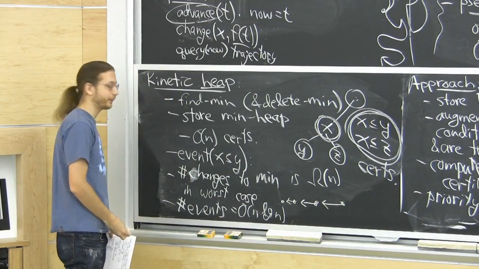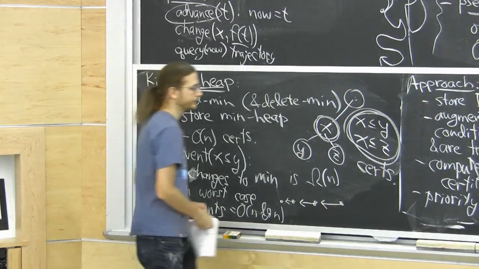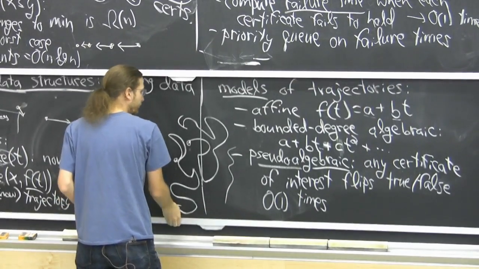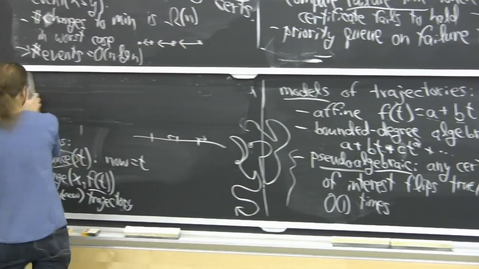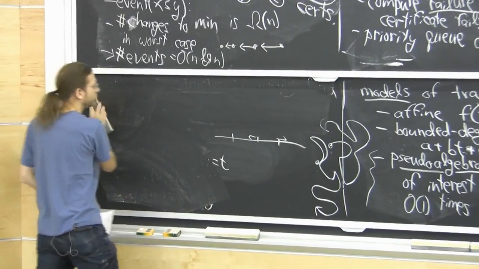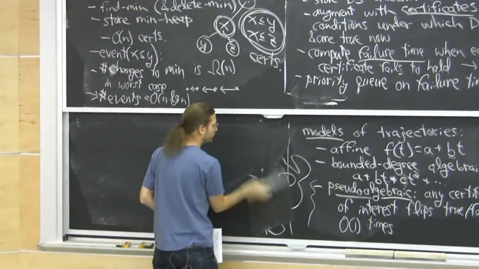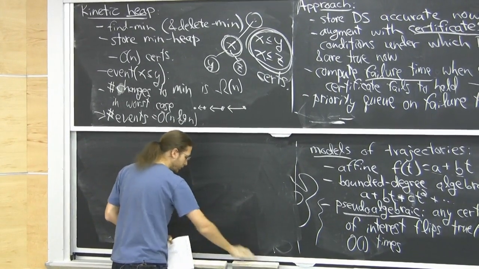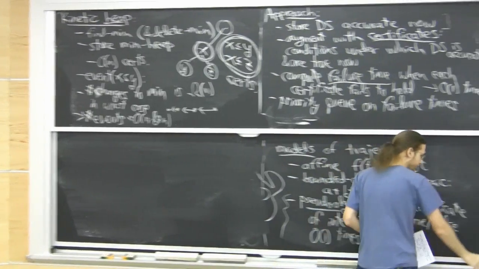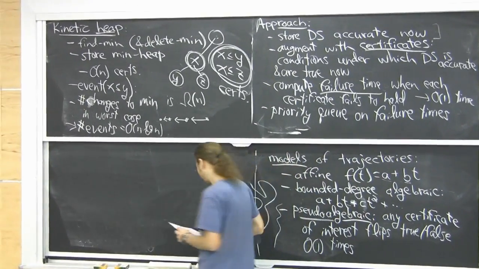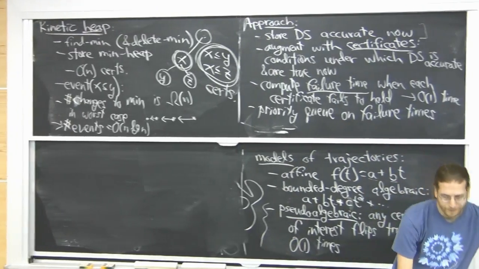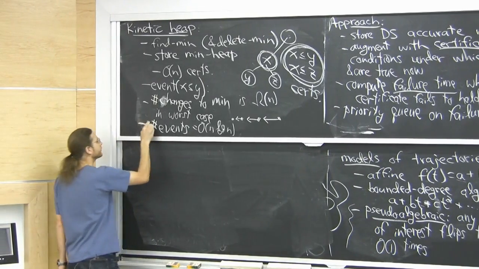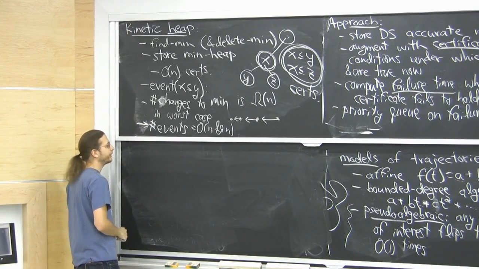This is the interesting part, and this requires a proof. So why is the number of events order n log n?